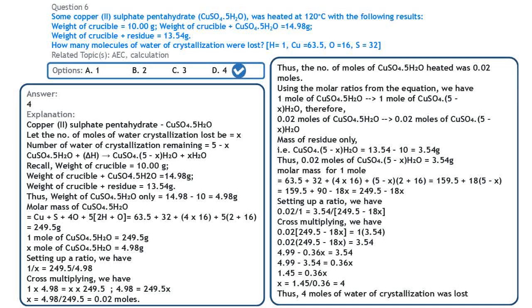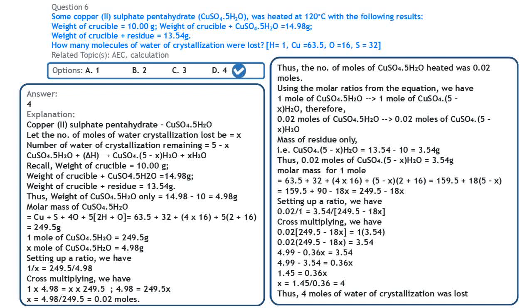The number of moles of substance A here is 1, the number of moles of substance B here is 1. So 1 mole of this will produce 1 mole of this, as we have from this equation. So 0.02 moles will also produce 0.02 moles.